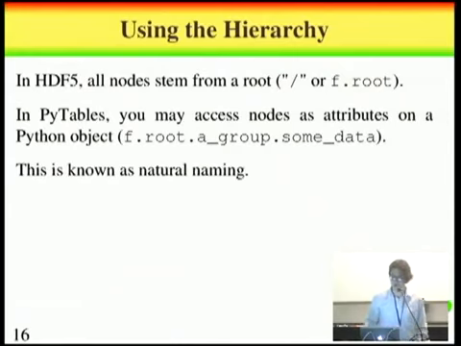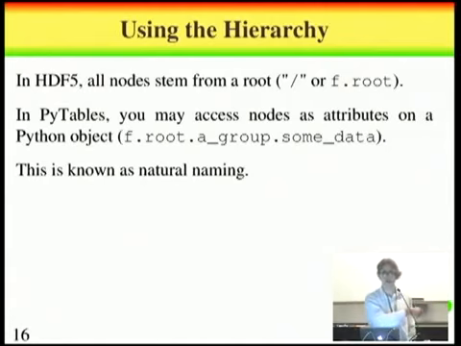So this is what's known as natural naming, right? And this requires that all of the elements of your hierarchy have names that are only valid Python words, right? So that regular expression like \w or \w.